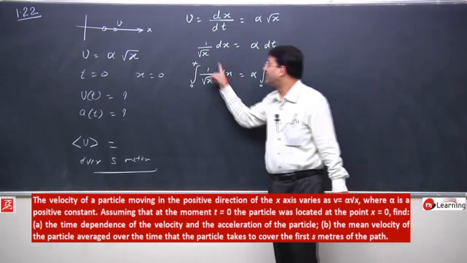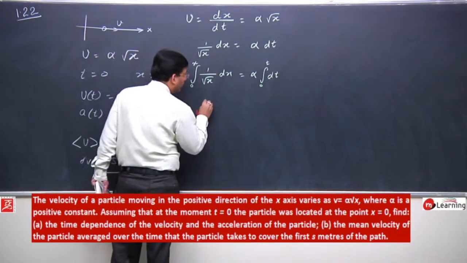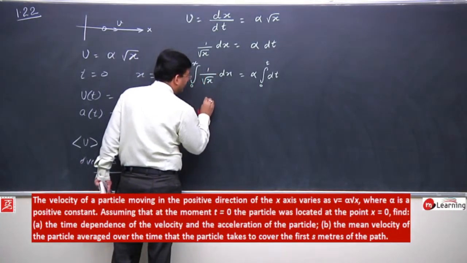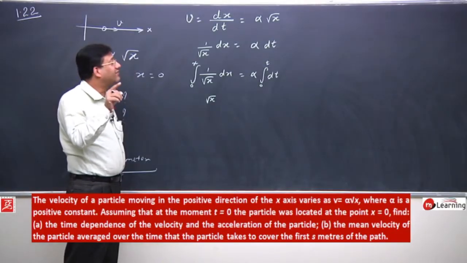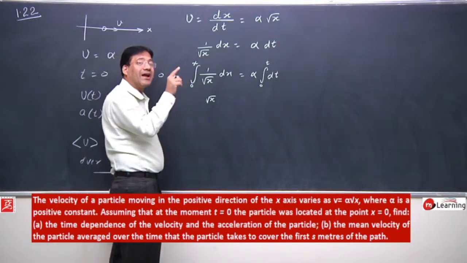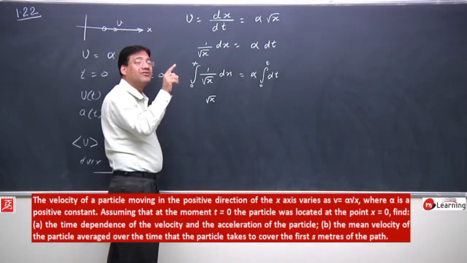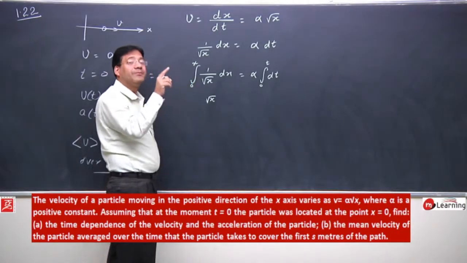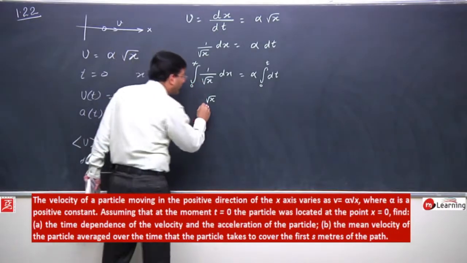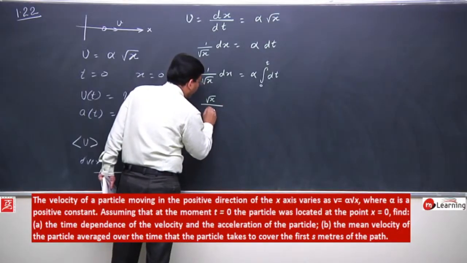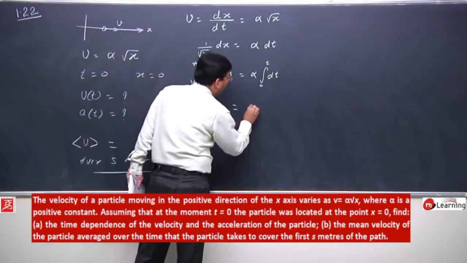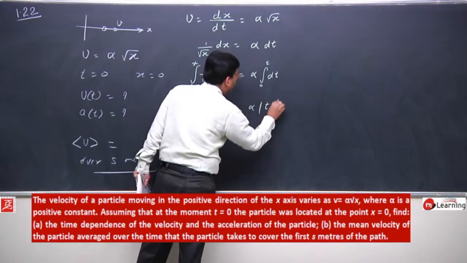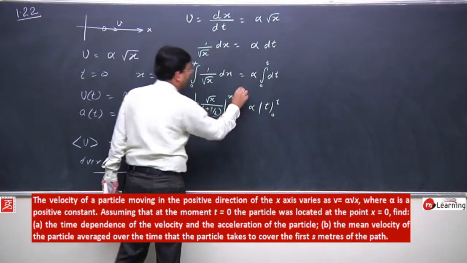Now, the integration of 1 by root x, that is x to the power minus 1 by 2, is x to the power minus 1 by 2 plus 1 upon minus 1 by 2 plus 1, or plus half. Alpha t from 0 to t and this from 0 to x.